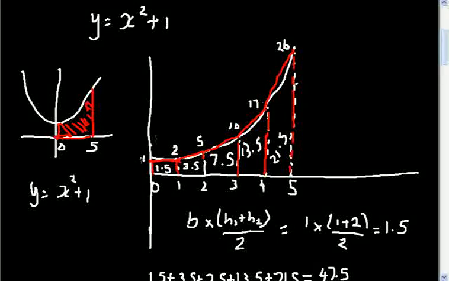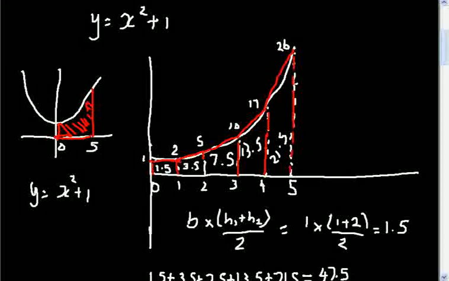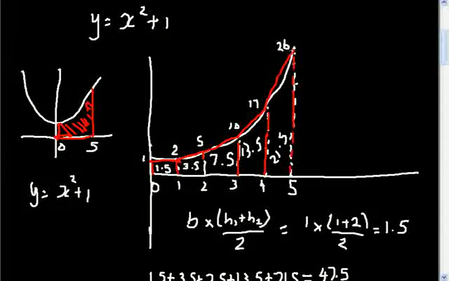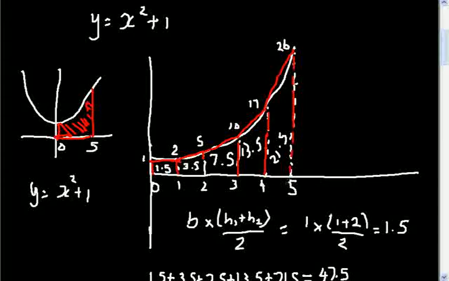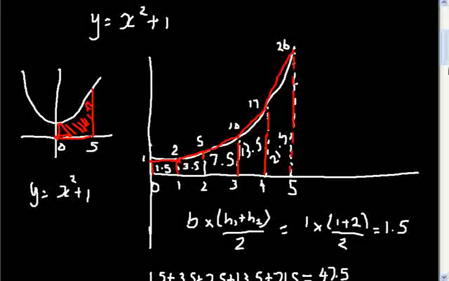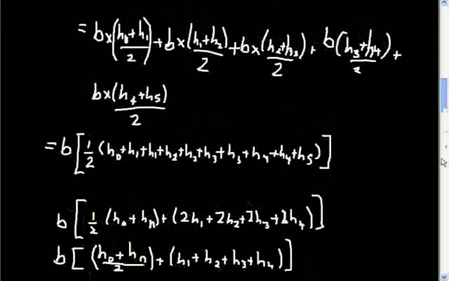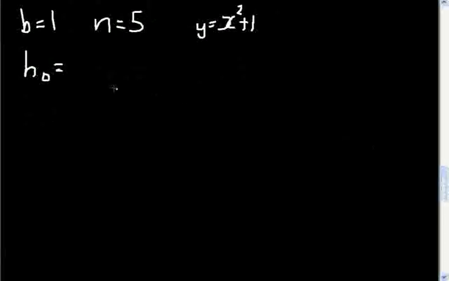It's better to call the first height h0, so that the last height, h5, matches the 5 strips. My first height is 1, which is h0, and I'll fill out the rest of the heights.